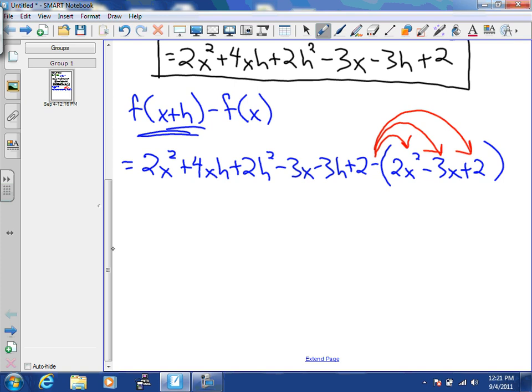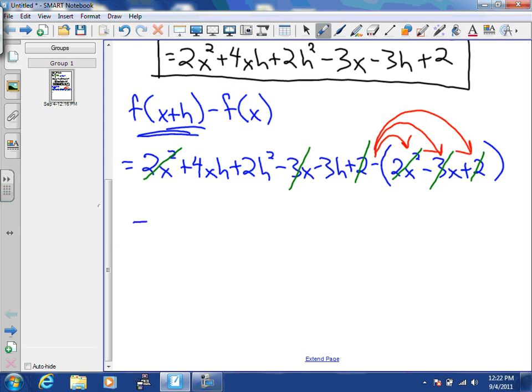If it's positive, it becomes negative. If it's negative, it becomes positive. What that's going to result in is some nice cancellations. For instance, 2x squared will cancel with the eventual negative 2x squared. I also have a negative 3x. That's going to cancel with what's going to become a positive 3x because I'm distributing that negative. And this plus 2 here is going to cancel with this, which becomes a negative 2.